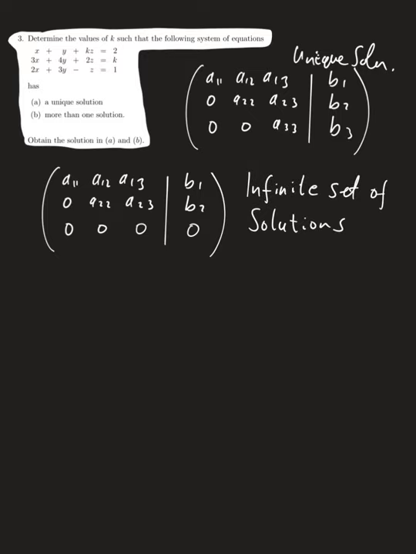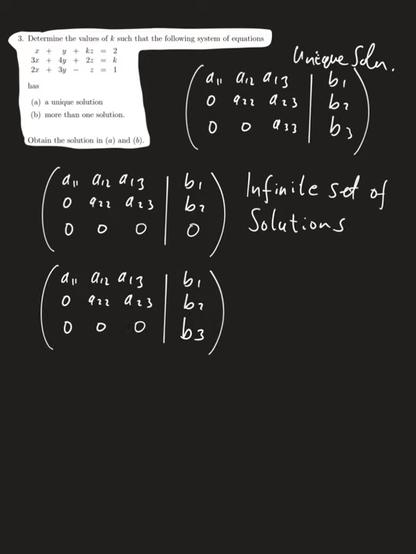The third option that we won't see in this question, but it can occur, is that you have no solution. And no solution looks like this. You see there on the last row, I have 0, 0, 0, and then on the right side I have something that's not 0.